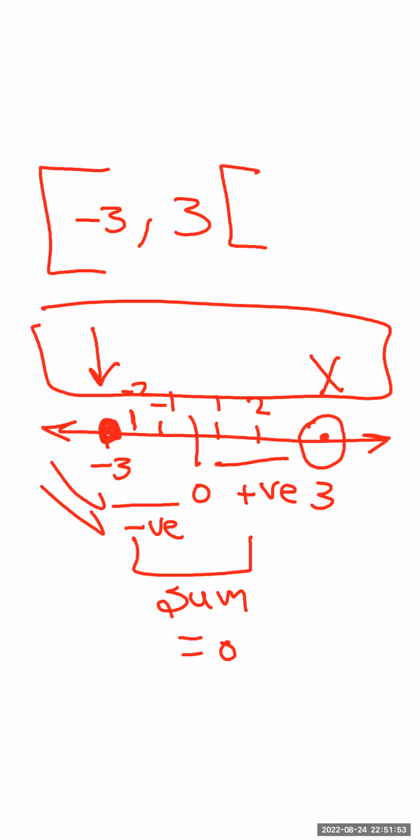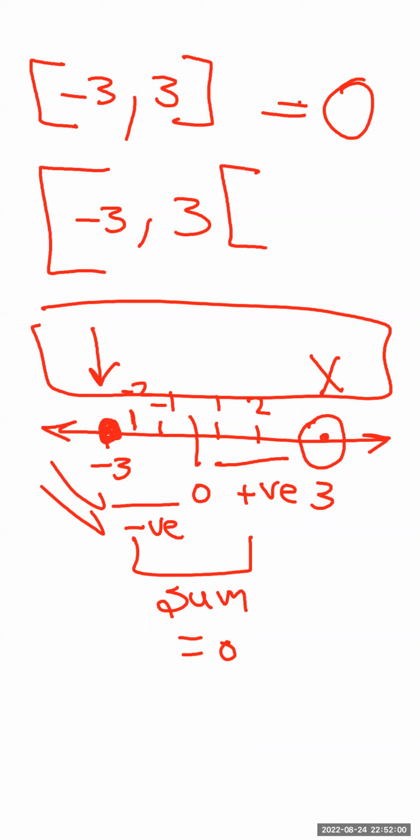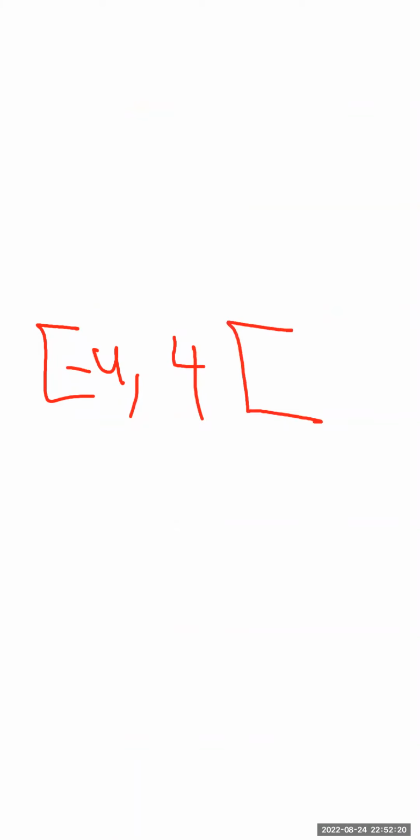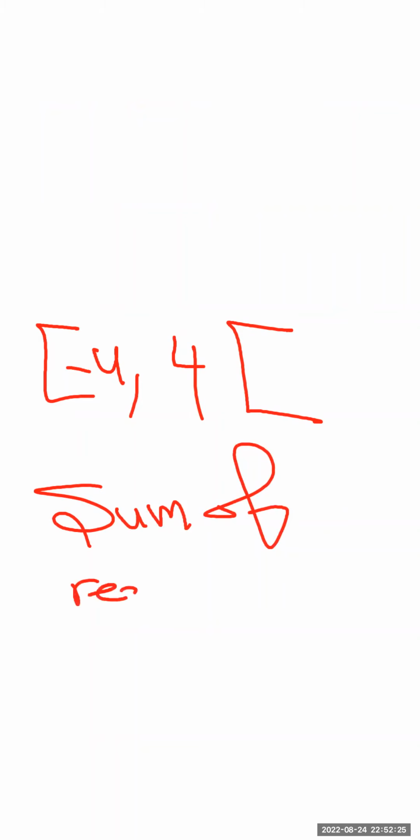So my question now: if the interval is -3 and 3, the sum equals 0. Very good. Okay, another question. The sum of real numbers here will equal -4.